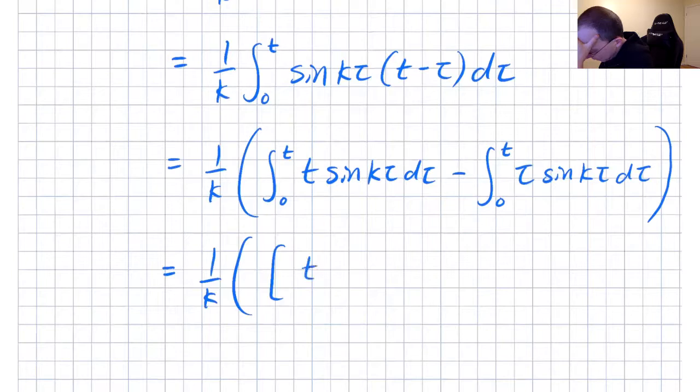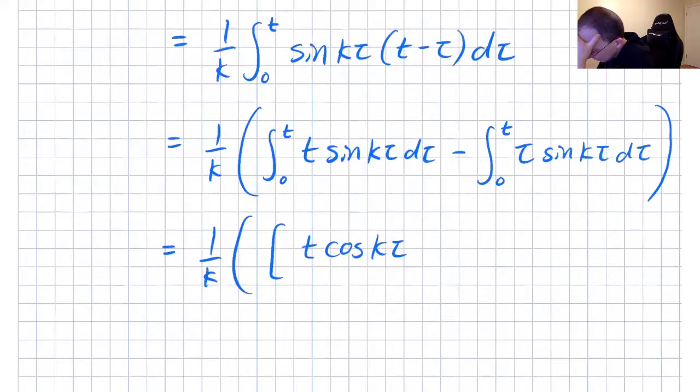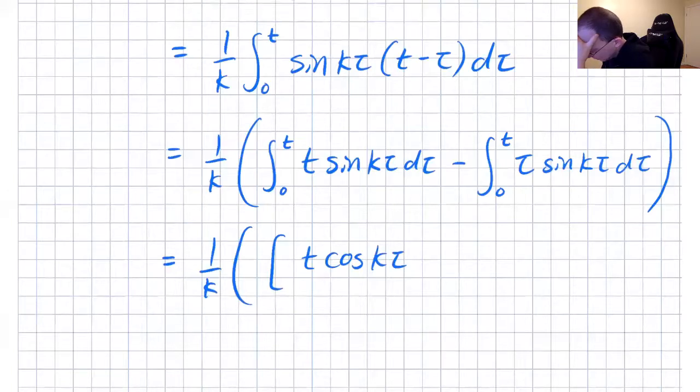So t is just a constant here. This will be a cosine k tau, but then we're going to need what? Let's see, just move.